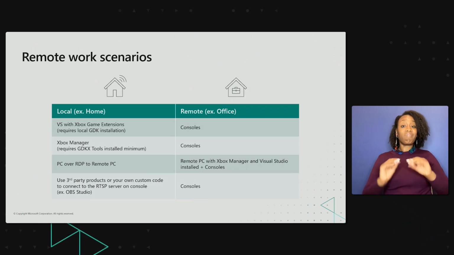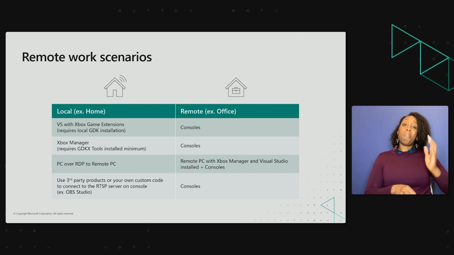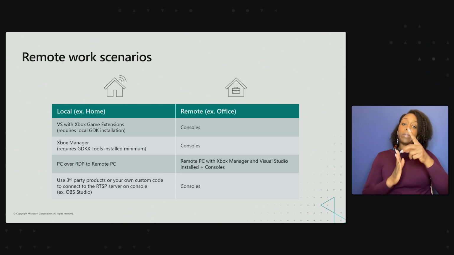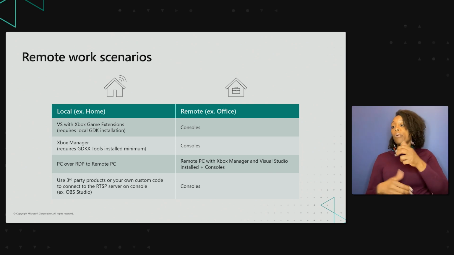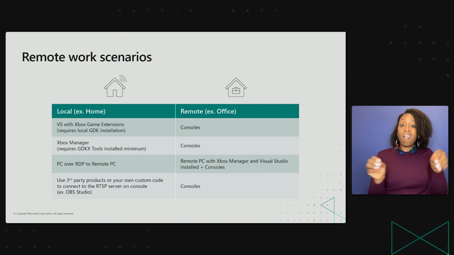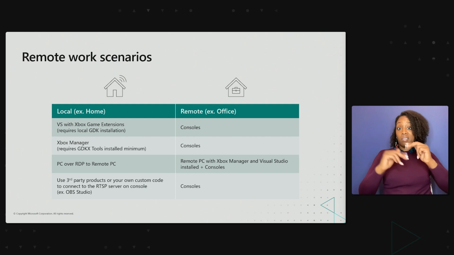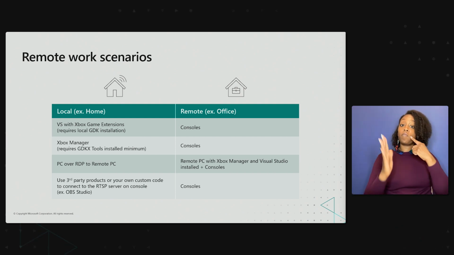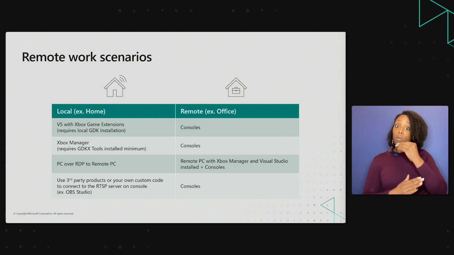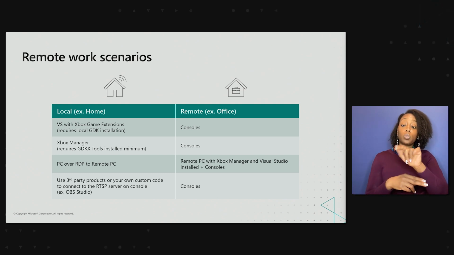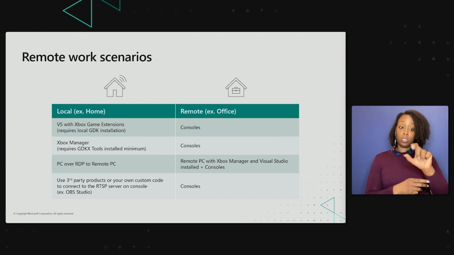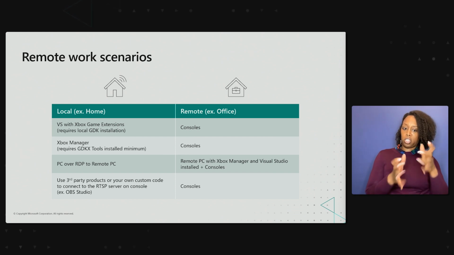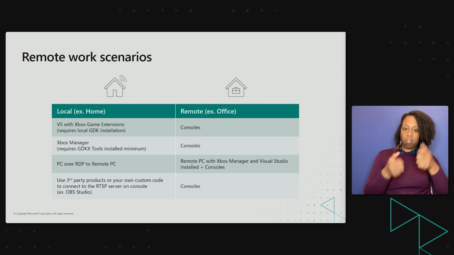So clearly, the pandemic has changed the way most of us work. Rather than the common scenario of having your development PC and one or more consoles in your office at work, or at least in the same building, we now have a variety of different possible work scenarios. For example, you may have a development PC in your home office and are using tools such as Visual Studio or the Xbox Manager to access one or more consoles in your office at work.